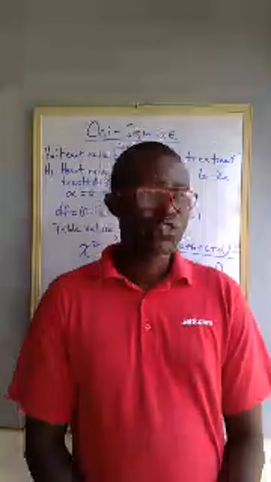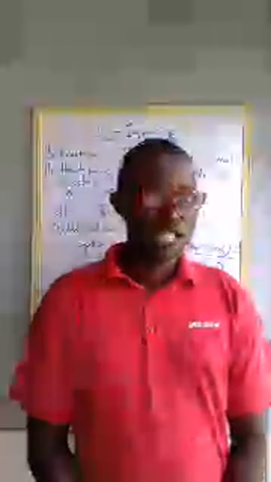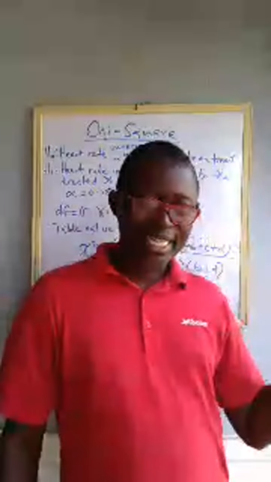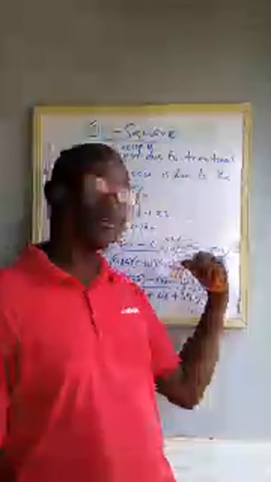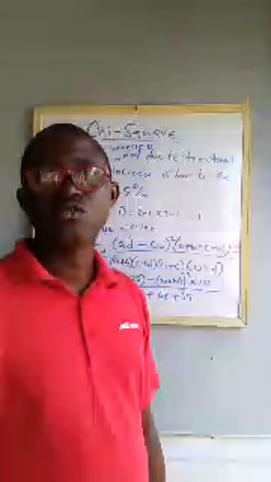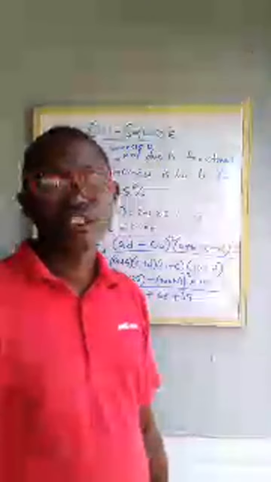So you can now see how to test the hypothesis. We have just tested these two hypotheses based on the data we have using the chi-squared method. The chi-squared method can be used to test two variables, or when you have data of more than two variables, you can use chi-square to test. And that is the way of scientific research.